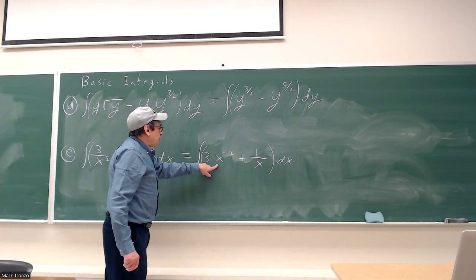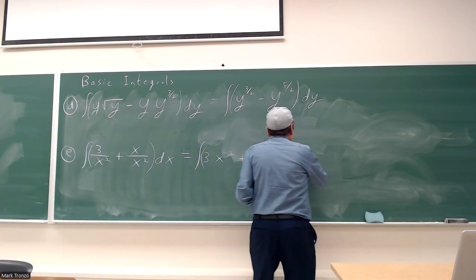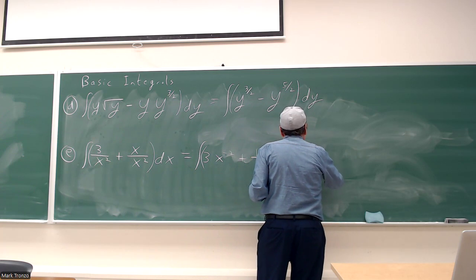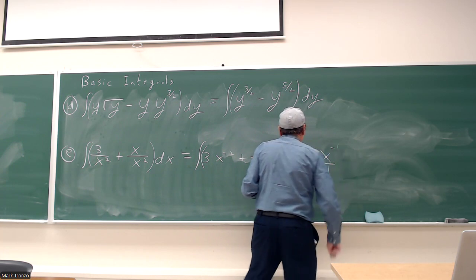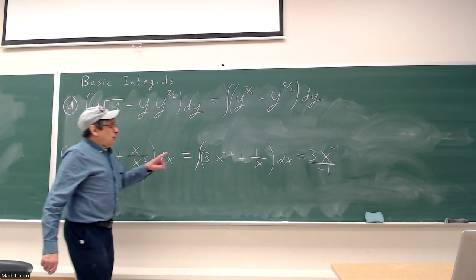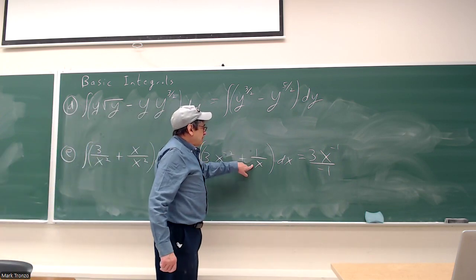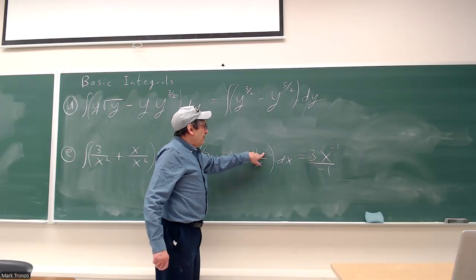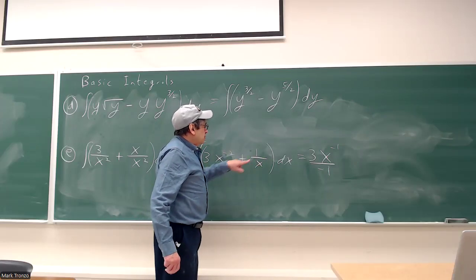So again, just like before, add 1 to the exponent here. And again, that's going to give us minus 1 over minus 1. And again, if you're integrating 1/x, or that's the same as x to the minus 1, this is always going to be log.